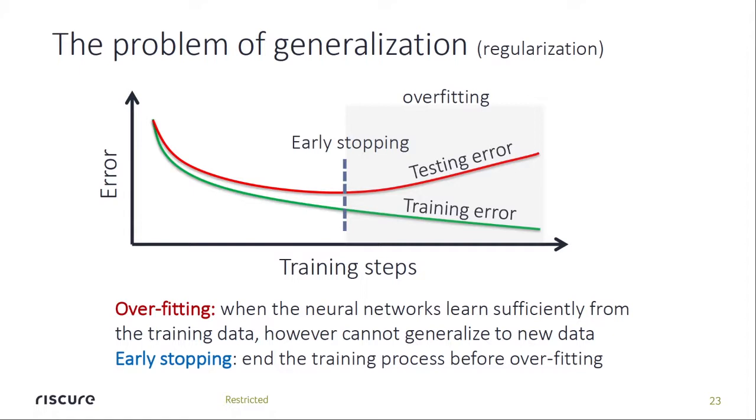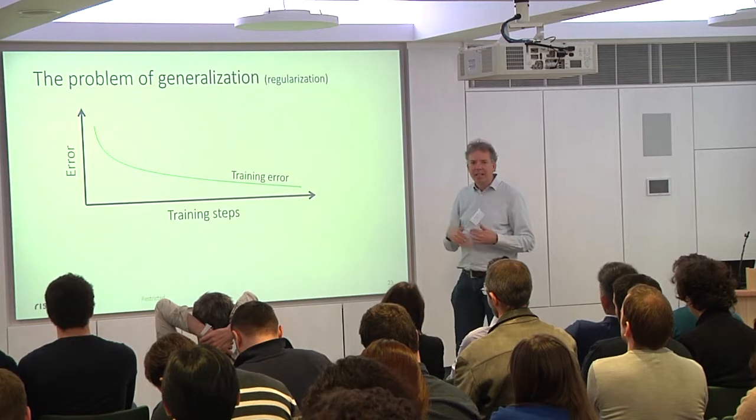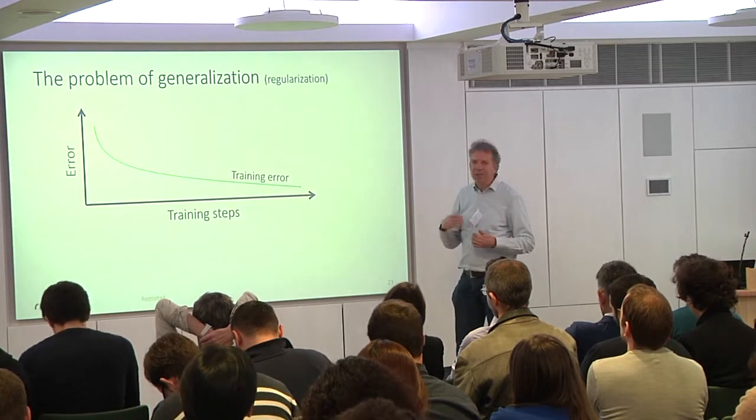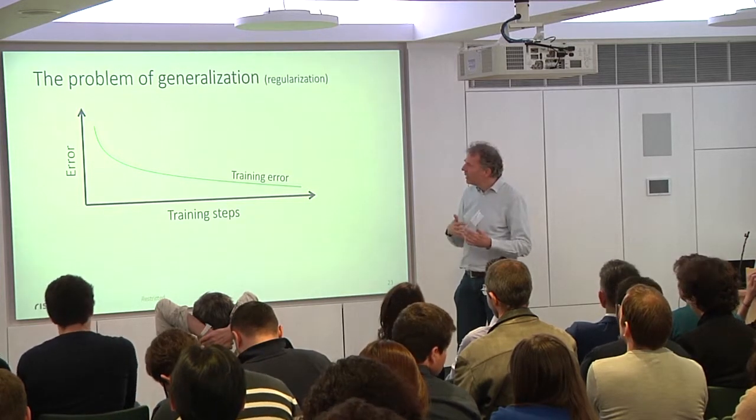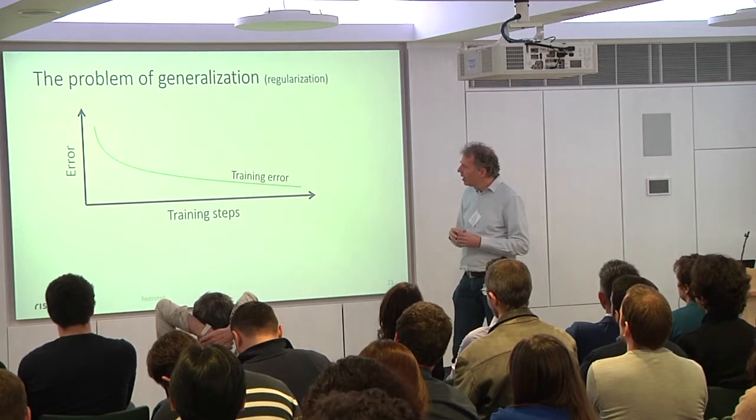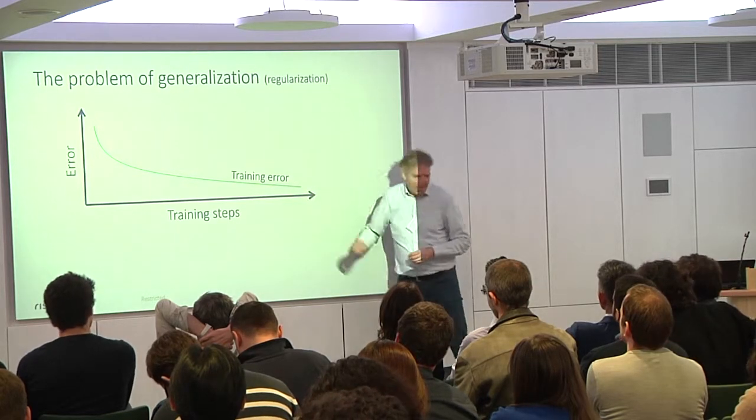The problem of generalization or regularization: when we keep training our network on the training data, we have a set of training data and we're running over it over and over again, so it's getting better and better, and the error is going down.